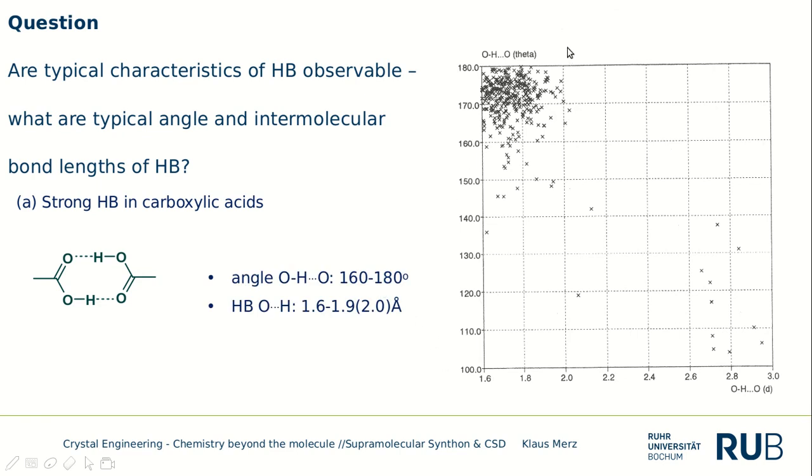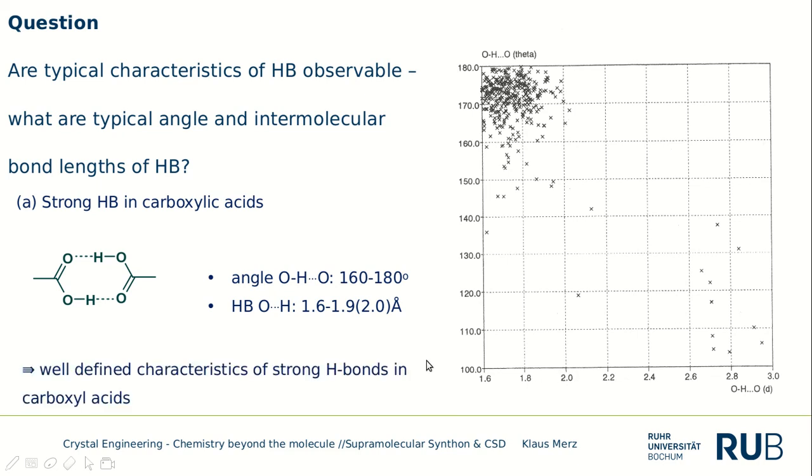So see it, the angles are 160 to 180 degrees, O-H-O, and the hydrogen bond H...O is between 1.6 and 1.9 Å. Well, so you can say, in the case of strong hydrogen bonds in carboxylic acids, there are well-defined characteristics of strong hydrogen bonds in carboxylic acids. Okay?